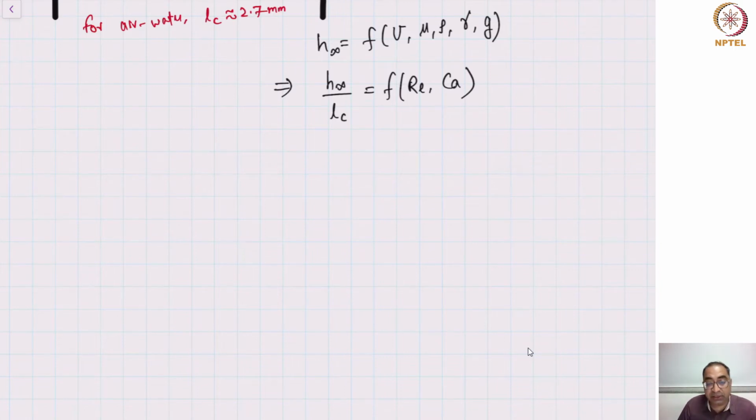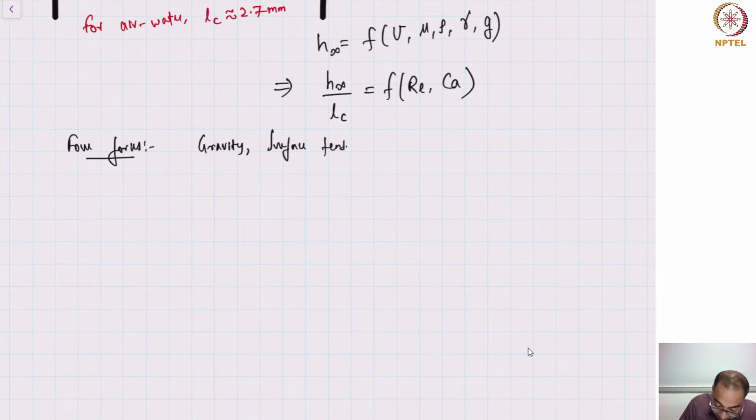Now there's another way to think about why we should get three non-dimensional numbers. There are four forces. They are gravity, surface tension, viscous forces, and inertia, and therefore you should expect three non-dimensional combinations, right?